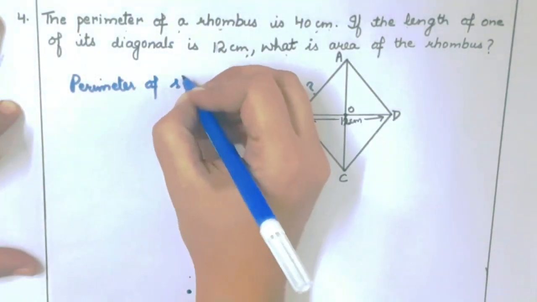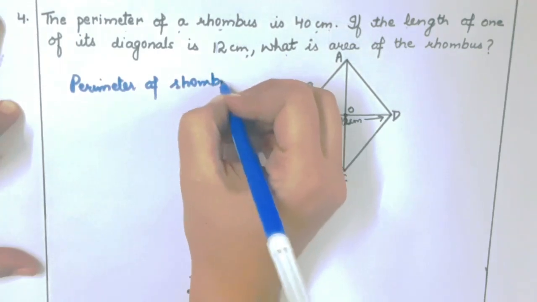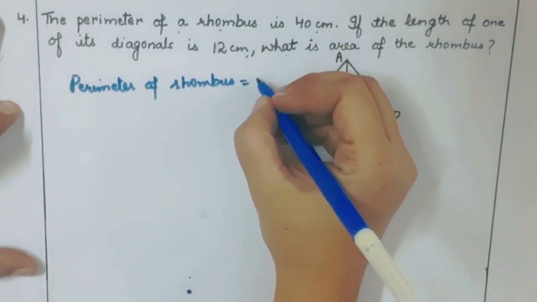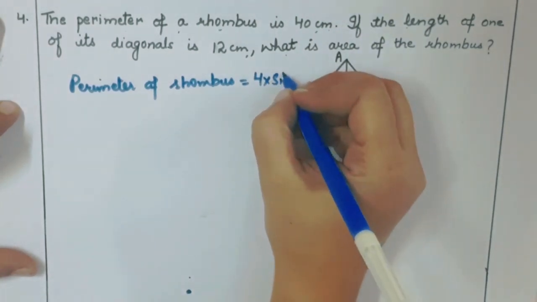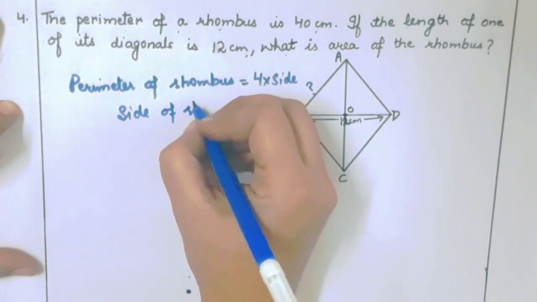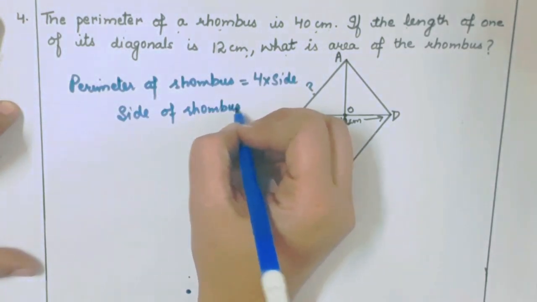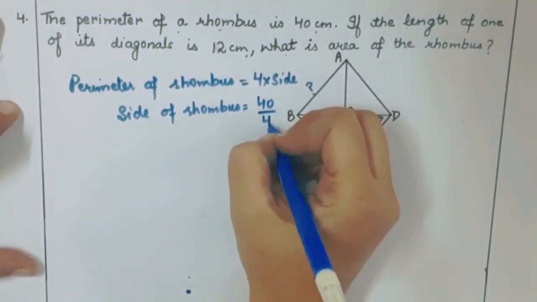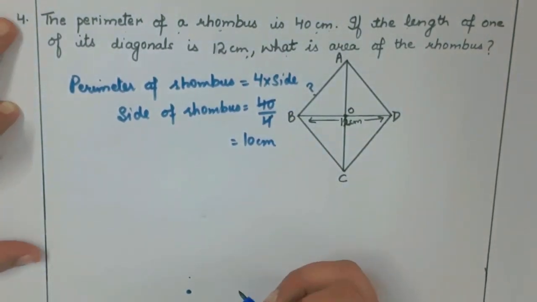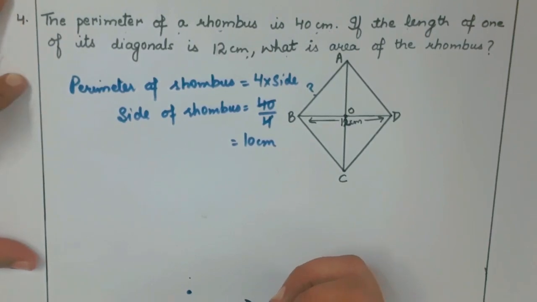It is similar to a square because all the sides of a rhombus are equal. Therefore it is 4 into side. So the side of the rhombus is equal to 40 upon 4, which is equal to 10 centimeter.